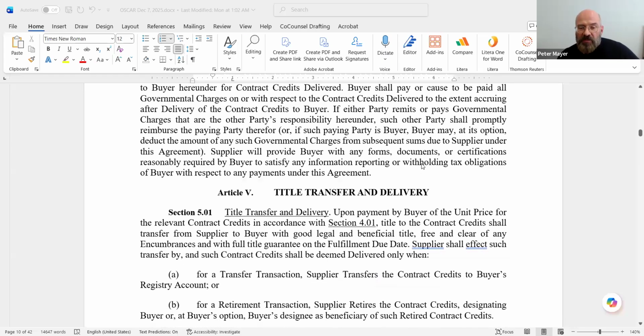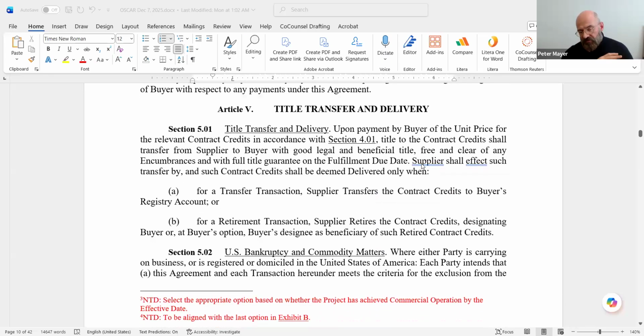The next thing that's very important, obviously, is title transfer and delivery. At what point in time does title transfer? At what point in time does risk transfer?